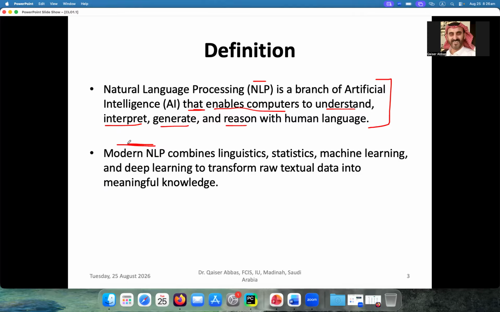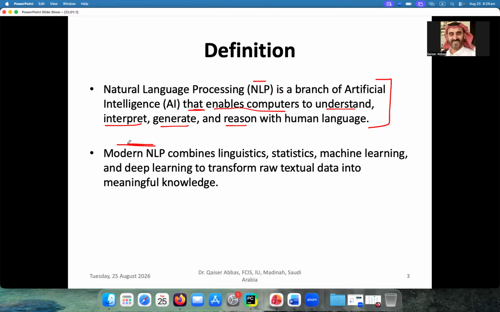But nowadays, books of NLP are changing and they are focusing more on statistical approaches because these statistical approaches are giving better results than the rule-based approaches. Rule-based approaches mean that if this, then this. If this, then this. Something like that. So these are rules. No probability is involved.